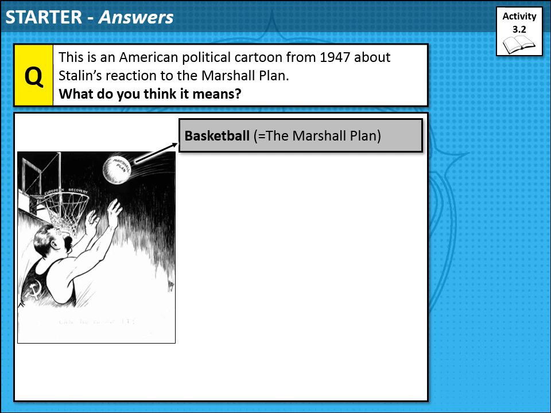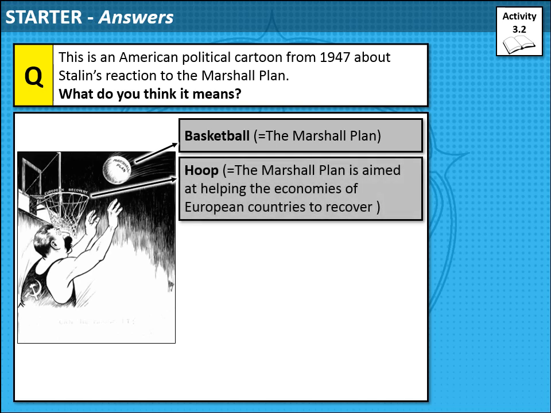Now, it's heading straight at the hoop, about to score, and the hoop has the words European recovery around it. This represents the fact that the Marshall Plan was aimed at helping the economies of Europe to recover. And it looks like it's going to succeed.